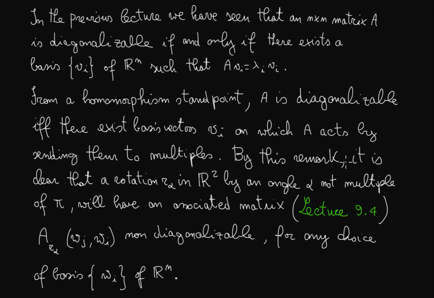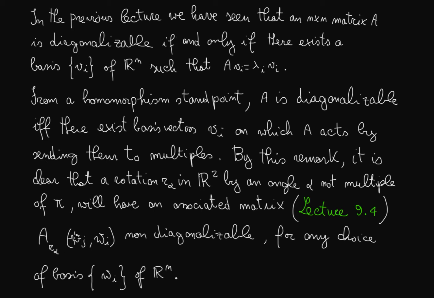By this remark, it is clear that a rotation R alpha in R squared by an angle alpha which is not a multiple of pi will have an associated matrix. See lecture 9.4 for the associated matrix to a homomorphism and a choice of basis, which usually is denoted by A, and then here the homomorphism we are finding the associated matrix of, and here the choice of basis, the domain and codomain.